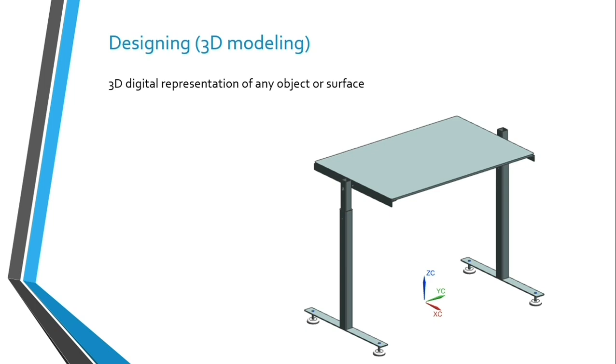Now, what is 3D modeling or designing? It is just a three-dimensional representation of any object or surface that you want to make. You have an idea, you have all the dimensions of it, but you can't imagine everything in three dimensions, right?